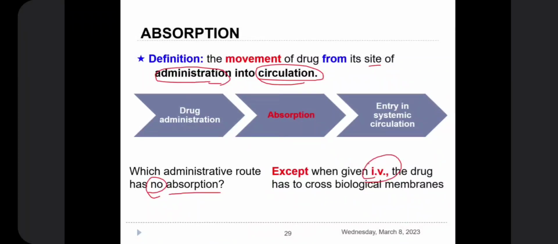Because with intravenous, the site of administration is in the circulation. So the beginning is the ending, all is circulation. This administration route has no absorption.